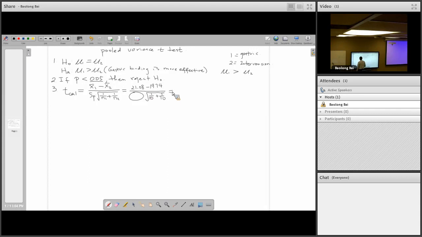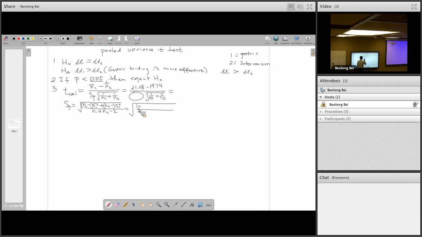So we need to calculate this. We need to calculate the pooled standard deviation first. So that would be the square root of n1 minus 1 times s1 squared plus n2 minus 1 times s2 squared, divided by n1 plus n2 minus 2. So we plug in numbers.